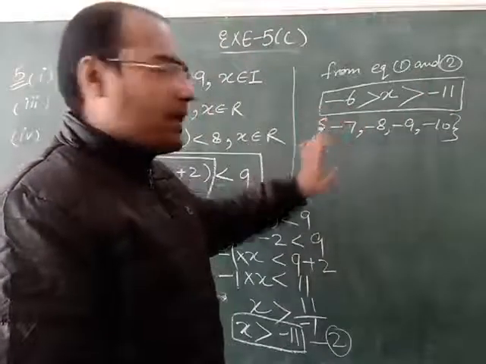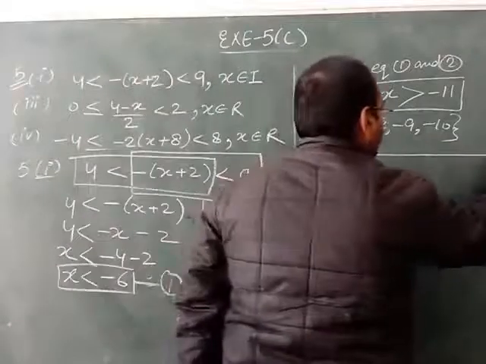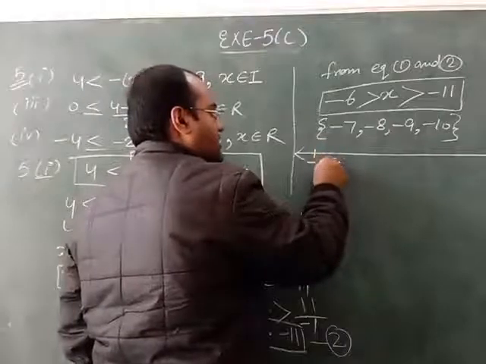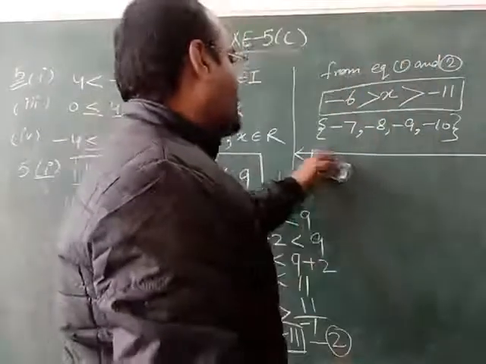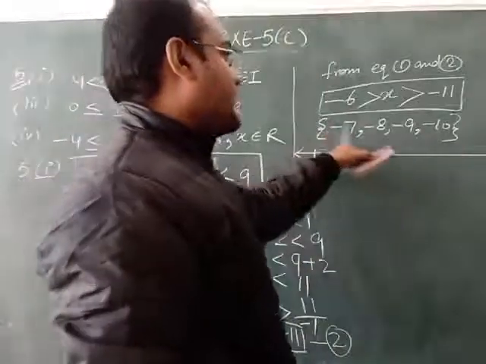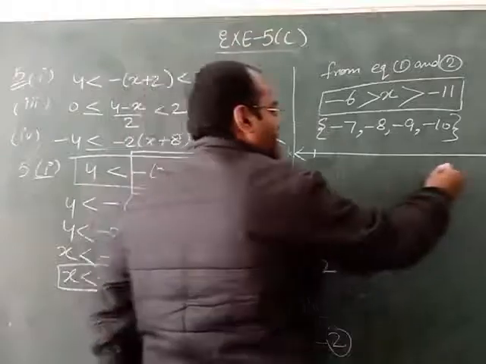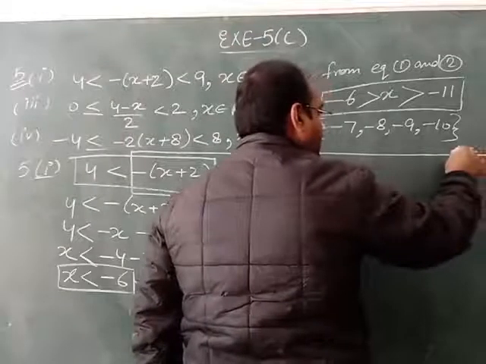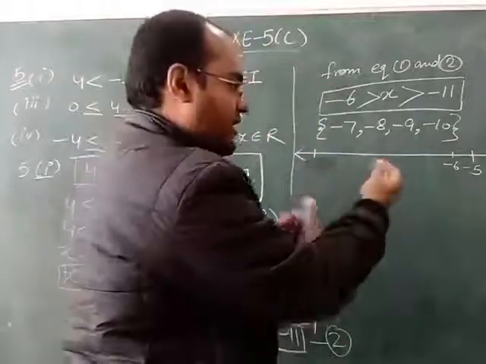We have to draw the number line. We will draw the number line. Minus 8. We will start. What is the solution? The solution is minus 7 to minus 10. So we will start from here. Minus 5, minus 6. In the negative we have to take backward counting, we will go left.